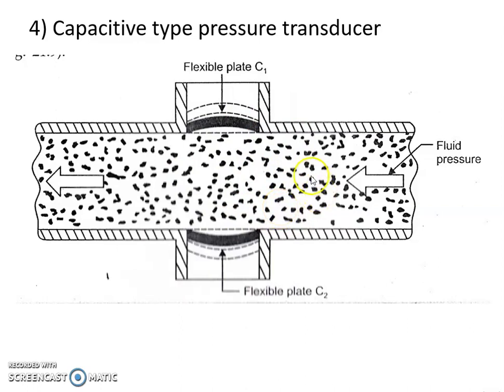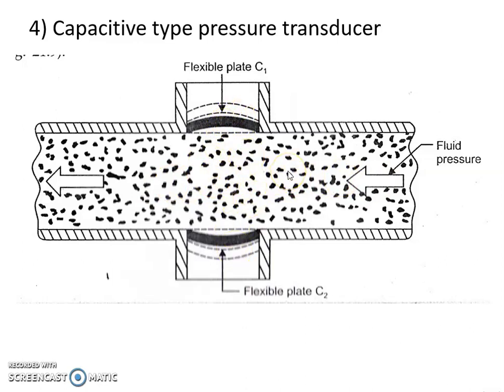It consists of two flexible plates of a capacitor, this is the upper plate and this is the lower plate, and these two plates are flexible. There is a dielectric medium which is a fluid. The fluid whose pressure is to be measured acts as the dielectric medium between the two flexible plates of the capacitor.